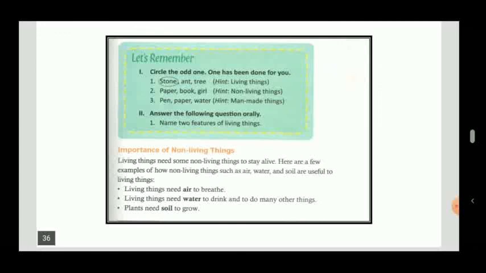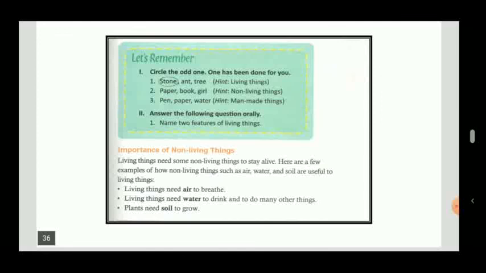Living things need water to drink and for many other things. Water is a non-living thing. Plants need soil to grow. As we know, plants grow in soil. So a plant is a living thing but soil is a non-living thing, because soil can't grow, can't breathe, can't reproduce and can't move.